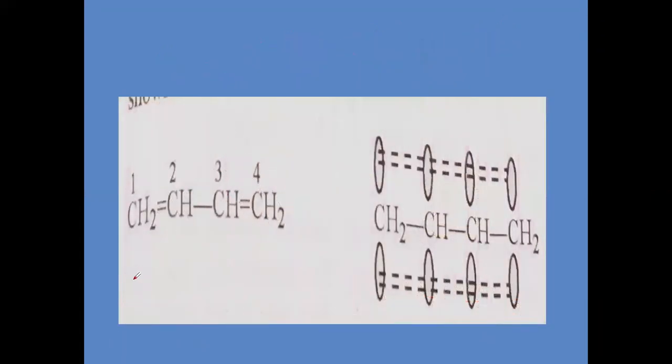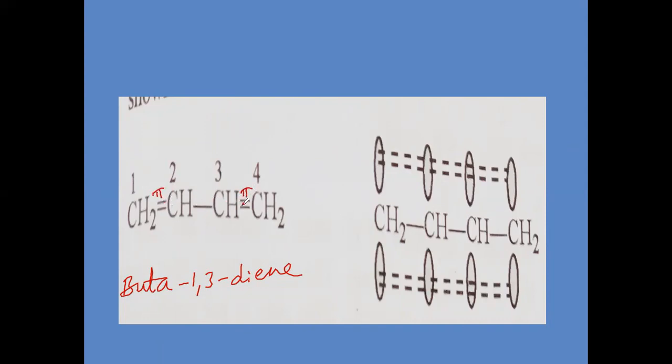Now here, if you take buta-1,3-diene, in this molecule alternate double bonds are there: double bond, single bond, again double. So pi electrons are here, pi electrons are there.